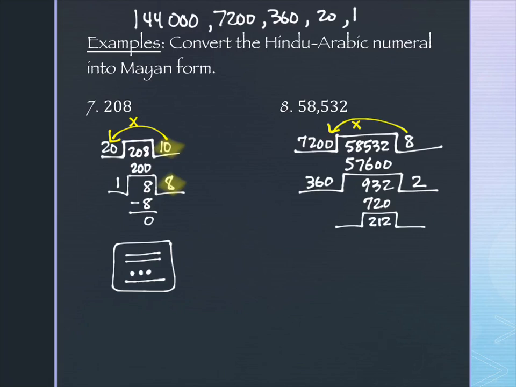What will I divide by after that? 20. How many times will 20 go into 212? 10. 10 times 20 is 200. When I subtract, what will I get? 12. What will I divide by? 1, which goes in 12 times and gives me a remainder of 0, right?